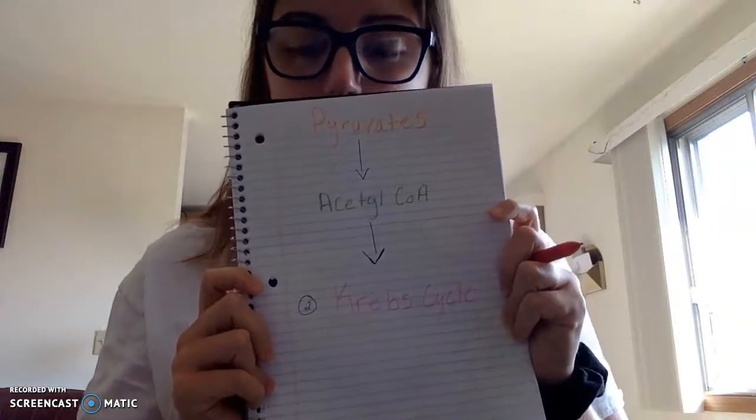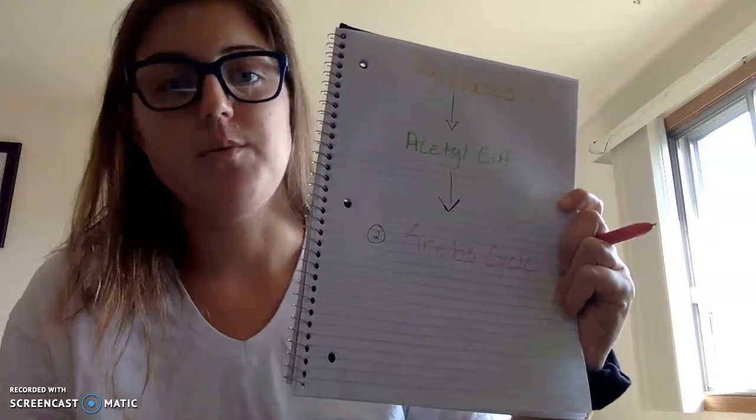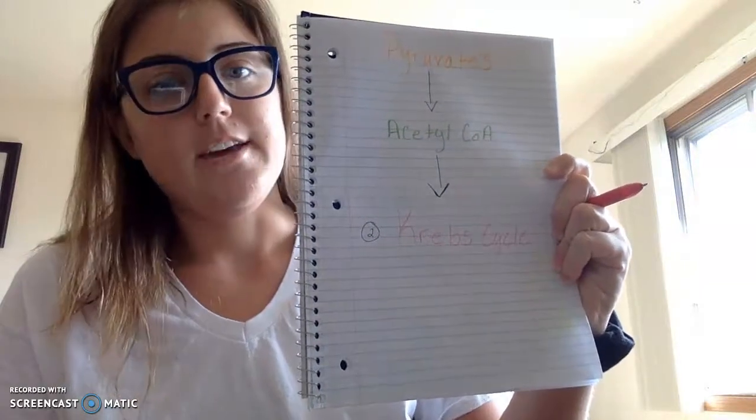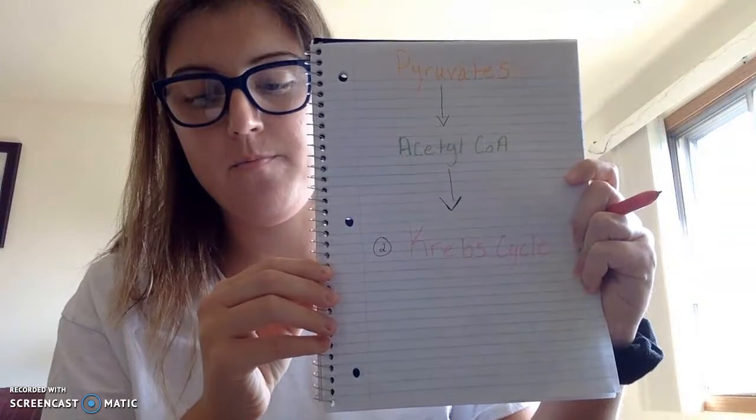The rest of the cellular respiration occurs in the mitochondria of the cell. Okay, so the pyruvates then get diffused into the mitochondria, like I said, where the rest of the cellular respiration will occur, and get converted into acetyl-CoA, or coenzyme A. And coenzyme A has 2 carbons.